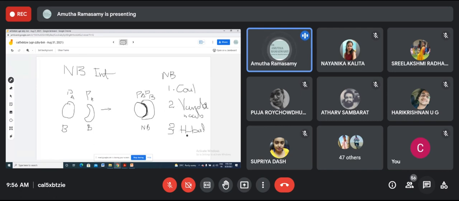So when a non-bonded interaction is there, you can classify it. One is Coulomb interaction, the other one is van der Waals, the other one is hydrogen bond. There are so many other things, like you can also find dipole-dipole interactions. What is dipole?